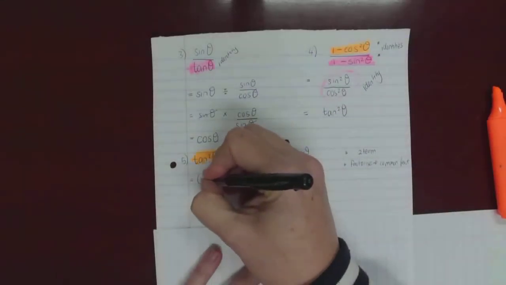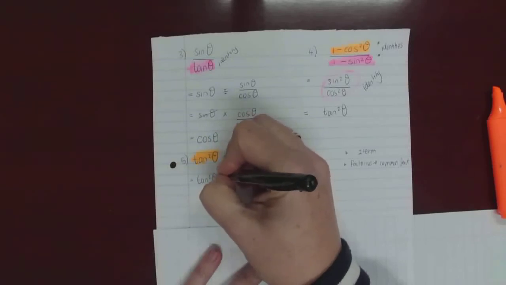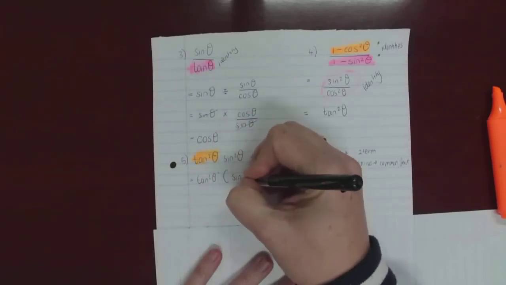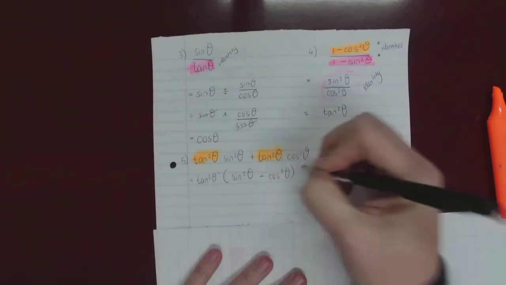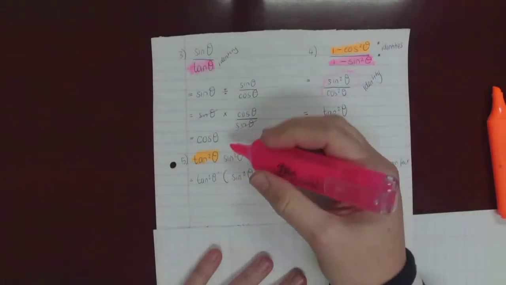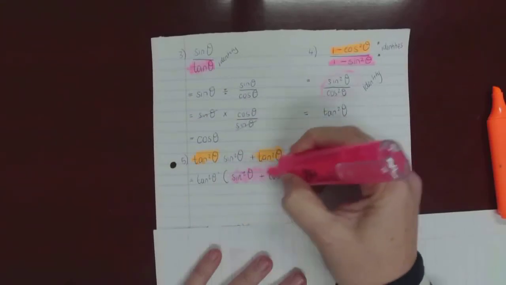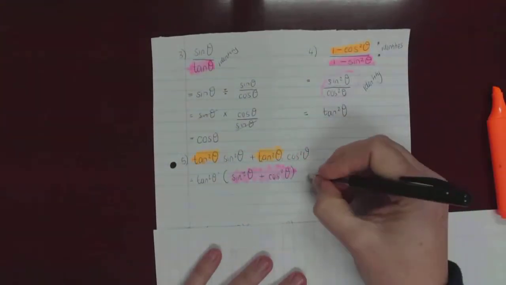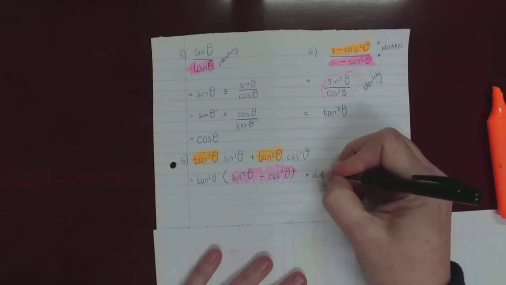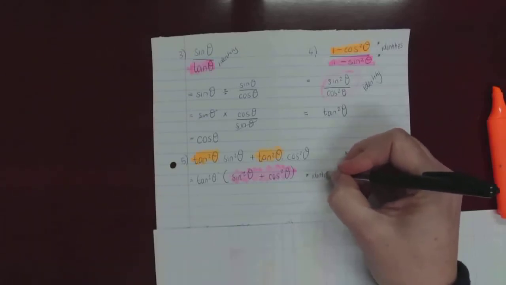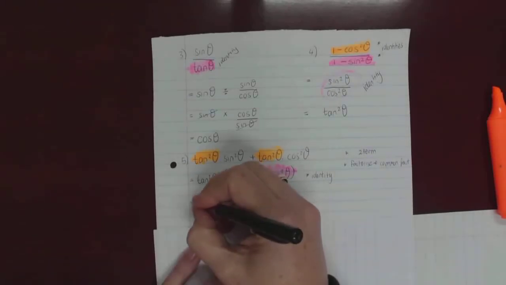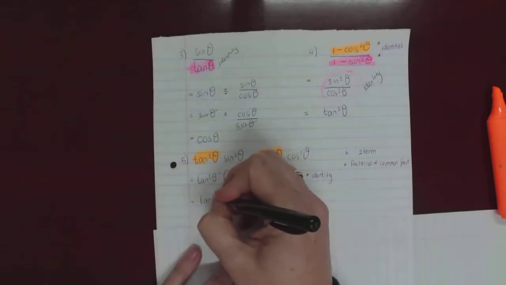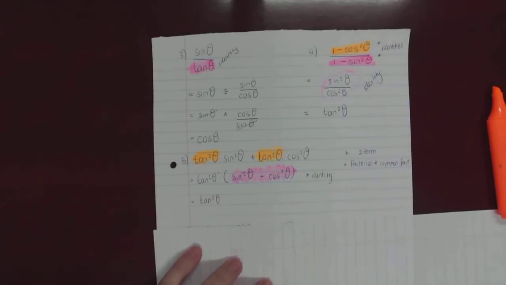I'm going to say, hold on, I'm taking tan squared theta out. I'm then left with sine squared theta plus cos squared theta. By doing that, I notice that sine squared theta plus cos squared theta is an identity, and that is equal to 1. And tan squared theta times 1 is tan squared theta.